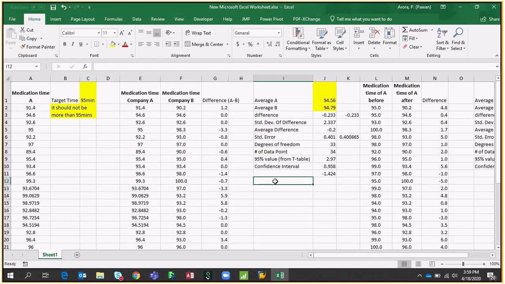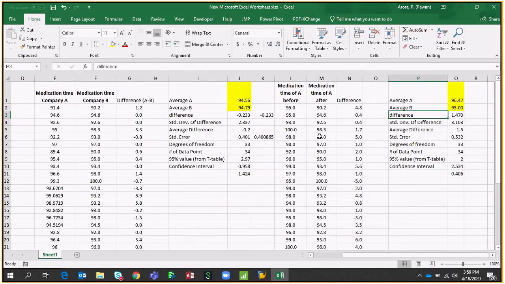In our case, when I checked through the p-value or through this confidence interval about this difference, it shows that they are equal to 0. It means the company A and company B medication time is equal, right?